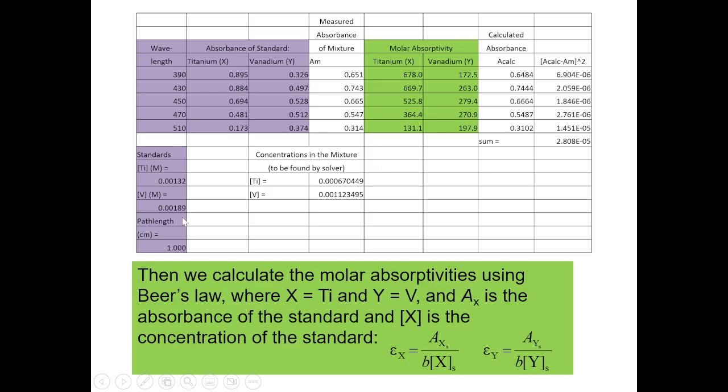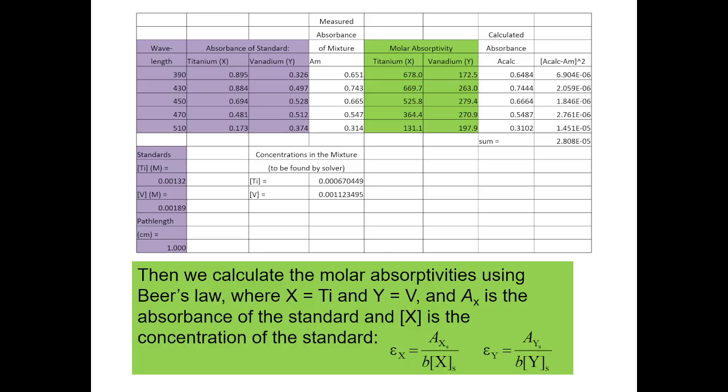Notice these are your standards right here. There's your path length. Okay? You would also set up the same sort of equation for your other species, which would be vanadium in this case. This is 2 species. Okay. Everybody see that okay?